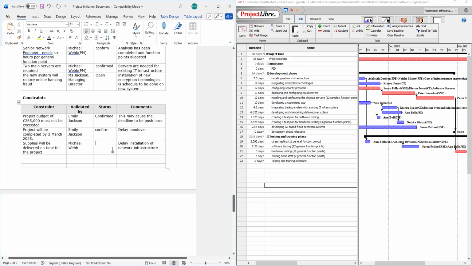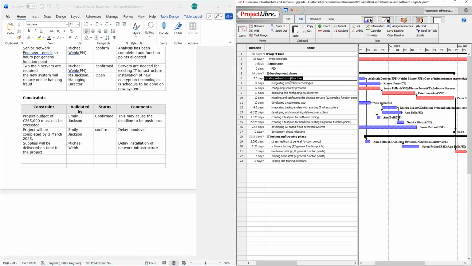Right? If that doesn't happen, it's going to delay the installation of network infrastructure. It will affect this one here. So if it's not delivered, it's affecting this one, right? And this one would be confirmed.